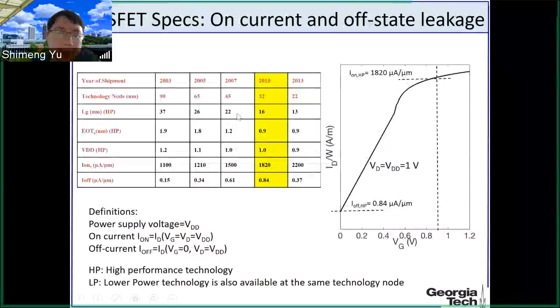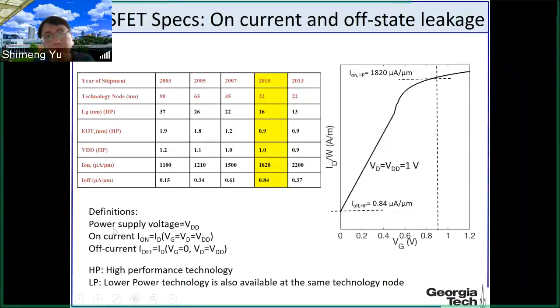But for those practical technologies, we are always going to have these on-current and off-current parameters, and of course the supply voltage VDD. So here we have these definitions for the transistor's specs.